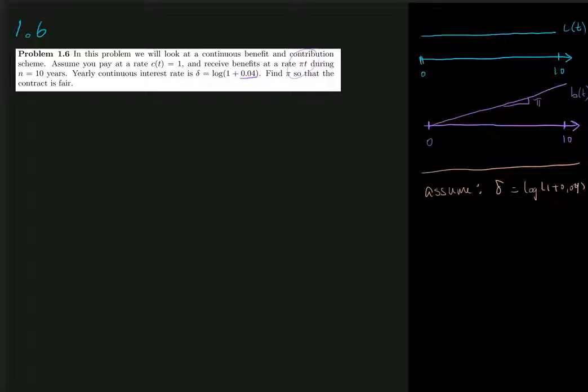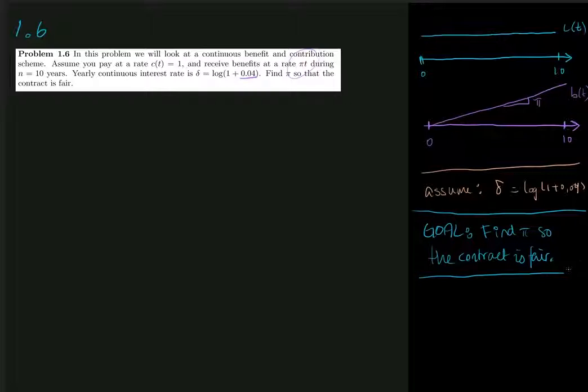Now, what is the goal of this exercise? Well, the goal of this exercise is to find pi so the contract is fair. That's what it says here. Find pi so the contract is fair. Well, that's super. What do we mean by fair?